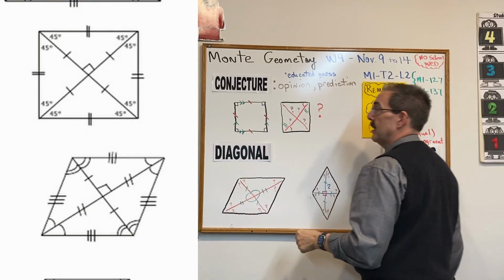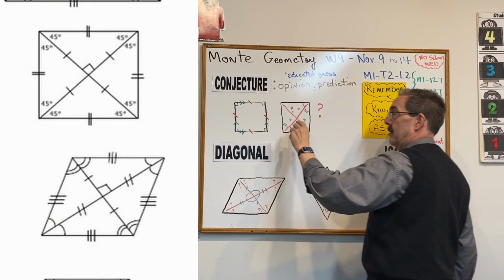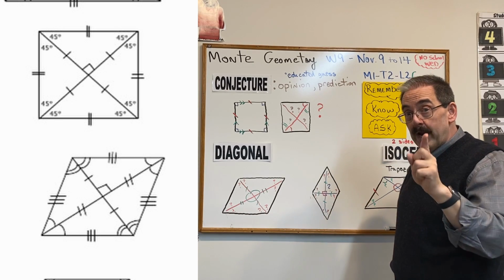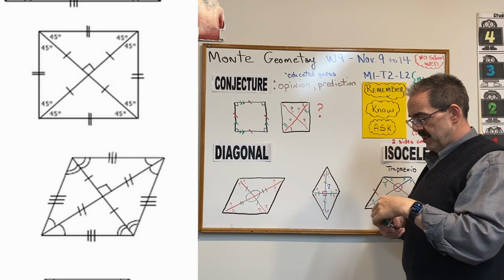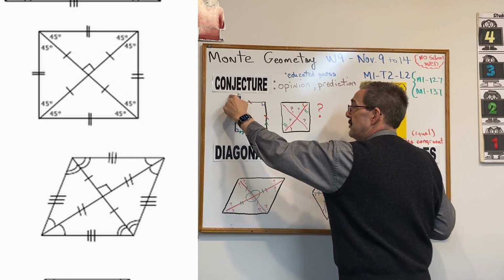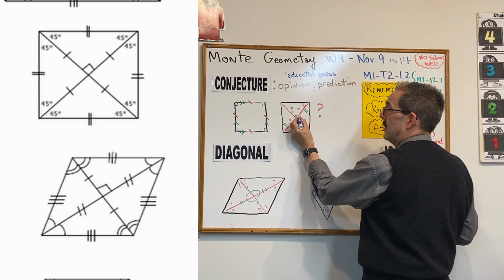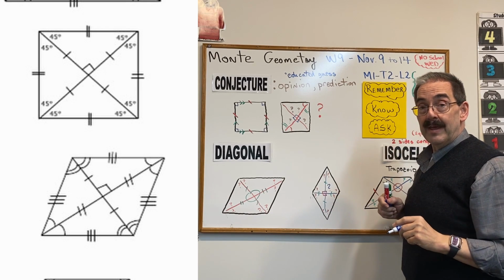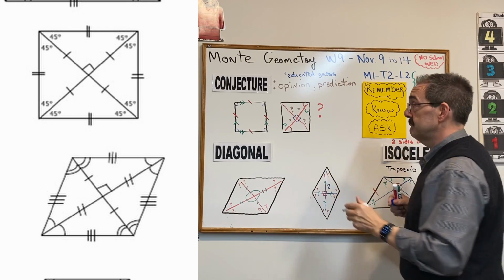Okay, now, parallel, parallel. If I draw the diagonals in a square, would you be willing to predict? Would you be able to make a conjecture that those are perpendicular and they are 90 degrees? Okay?